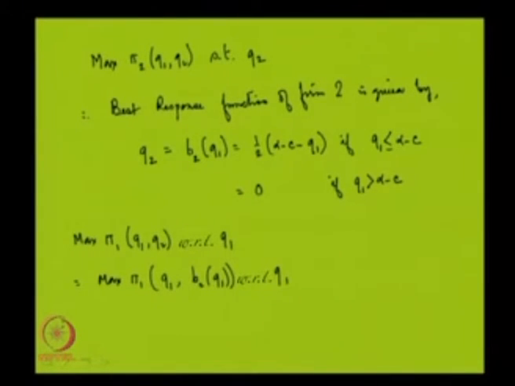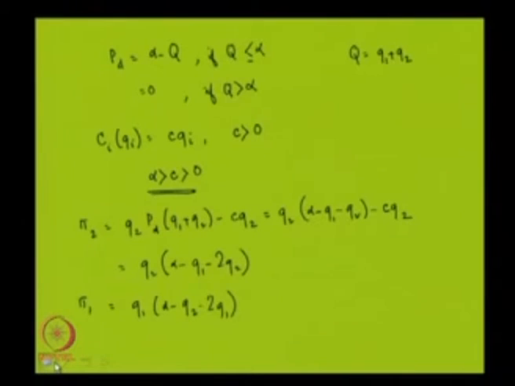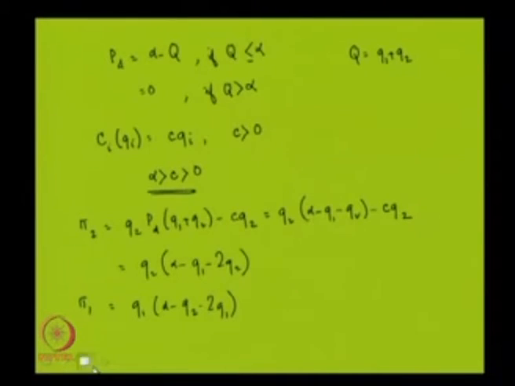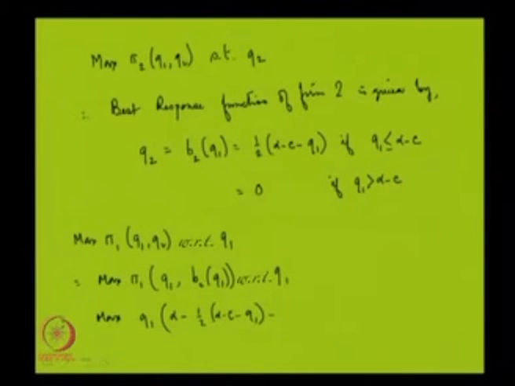So, basically in terms of our specific function, it is the following: maximize Q1 multiplied by alpha minus this function, which is half of alpha minus C minus Q1, minus 2 Q1.